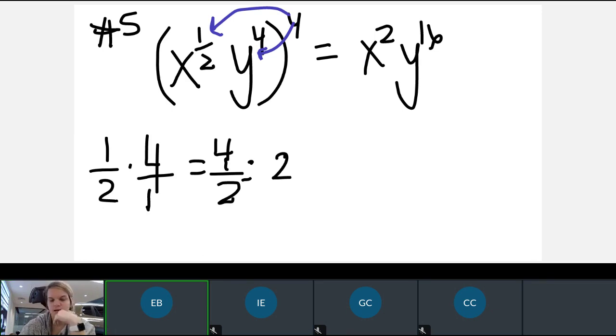So you do that with the rest of it? For other problems, you do the same steps as number 5? Yep, if it's variables with exponents raised to another exponent like this one, then yes, you're just multiplying the exponents.